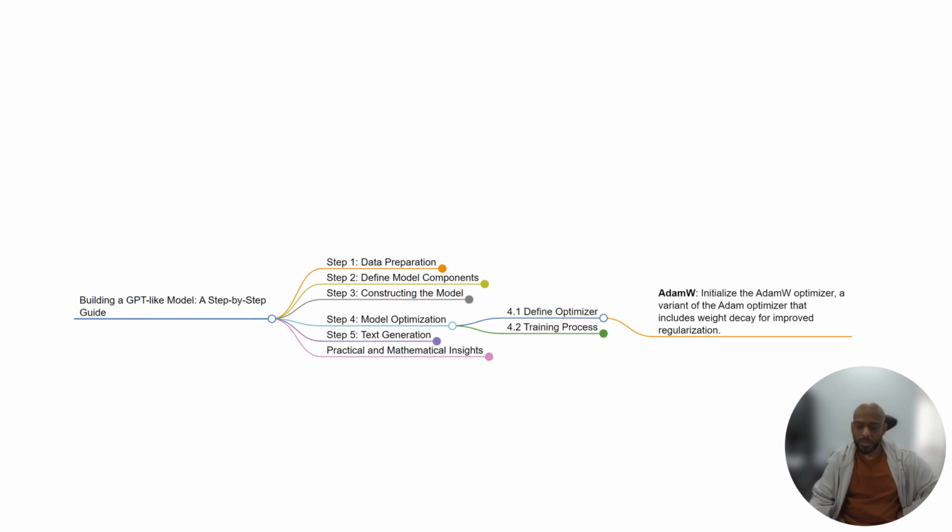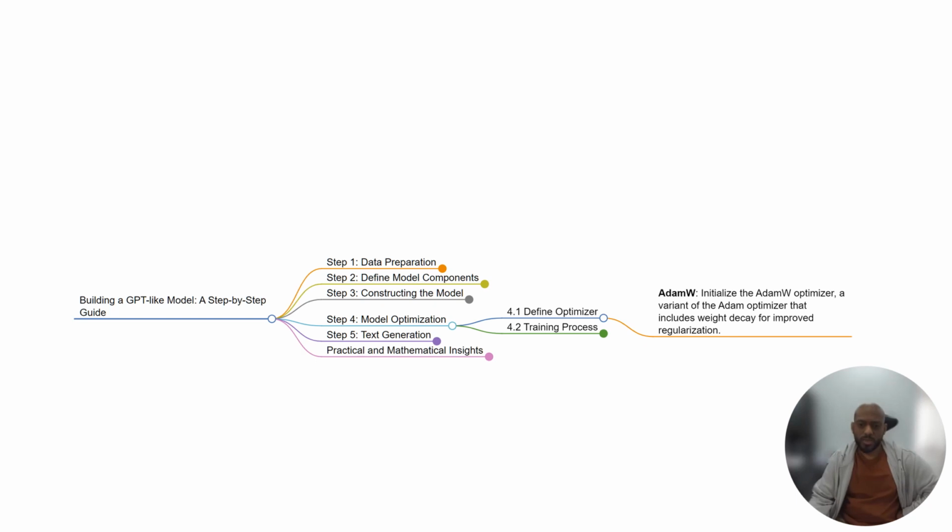For the optimizer, we have the normal gradient descent, and we have the AdamW optimizer, a variant of the Adam optimizer that adds weight decay for improved regularization.